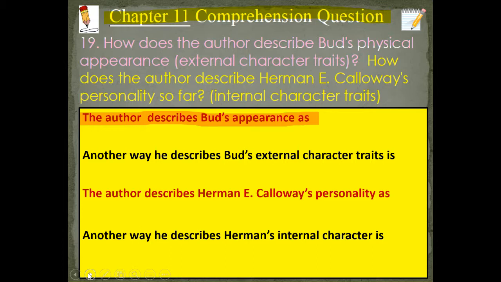You could have a long list of things. The author describes Bud's appearance as, and tell me one way. And then another way he describes Bud's external character traits is, and tell me another way. So push pause, make sure you answer this part of the question. And when you're finished, push play.